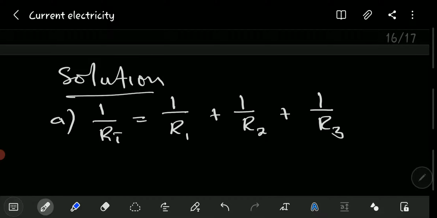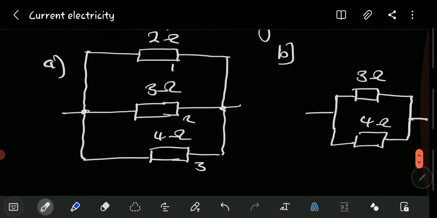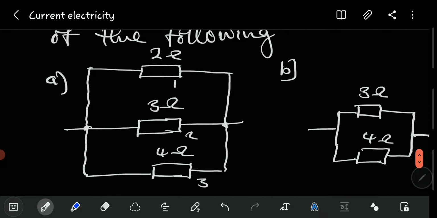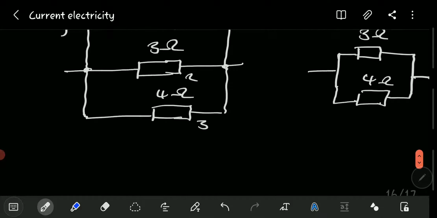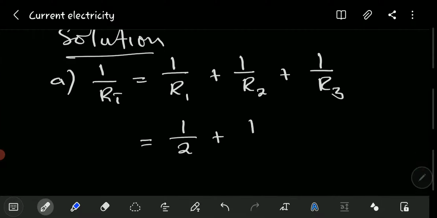Then we can start substituting. If R1 is 2, R2 is 3, R3 is 4, we are going to say 1 over 2 plus 1 over 3 plus 1 over 4.